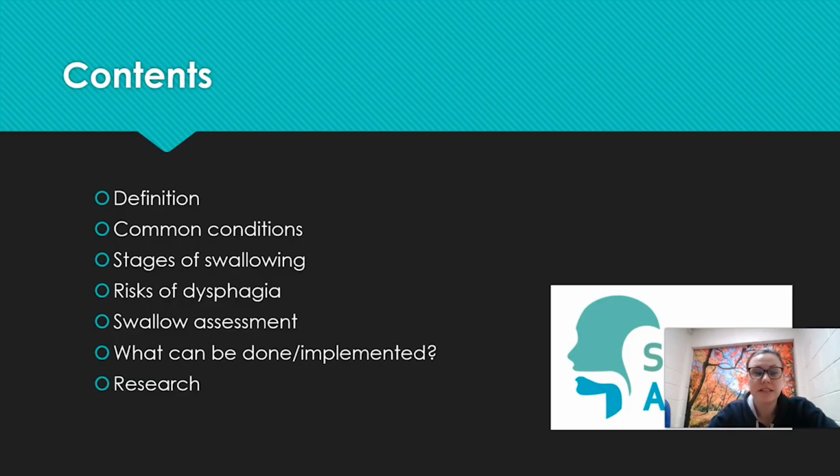Risks that are associated with dysphagia. And then we're going to look at, if you are having these problems, where we go from here. So about the assessment that you will usually have with the speech and language therapy team. Then a little bit about what can be done and implemented, what they may recommend for you. And then lastly, just a little bit of research.